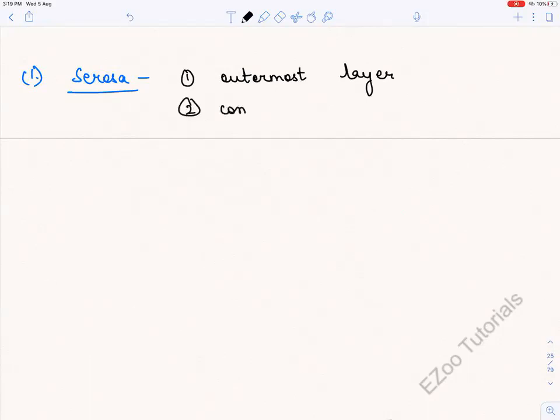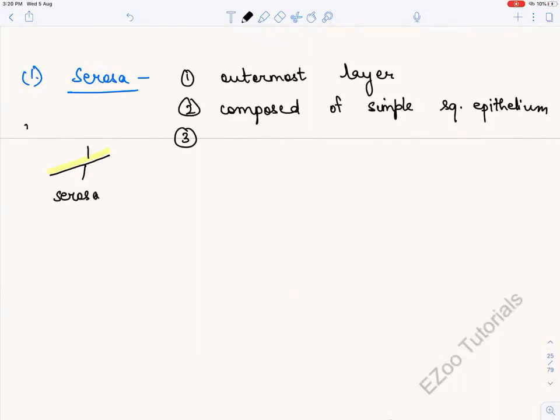We saw that it was just a single layer, composed of simple squamous epithelium. And then it is actually a covering over areolar connective tissue. So this is serosa and this is the areolar connective tissue.